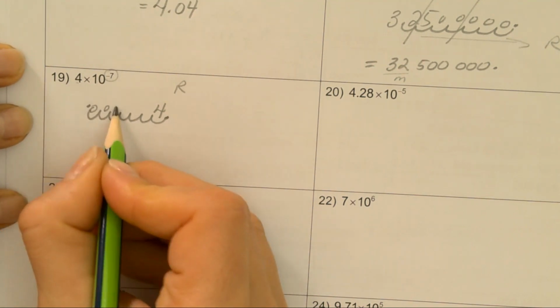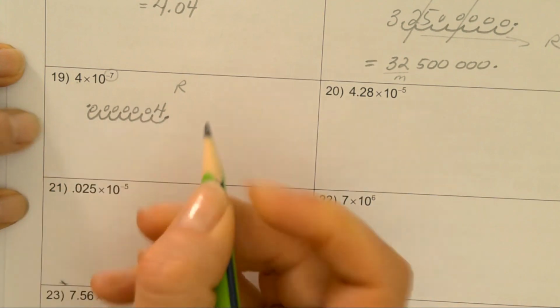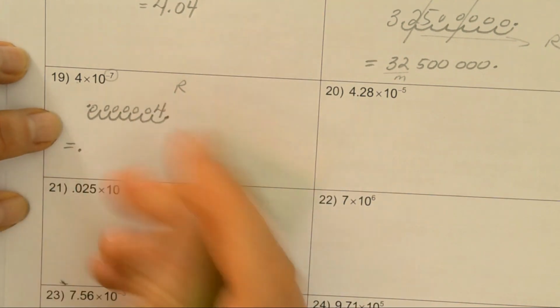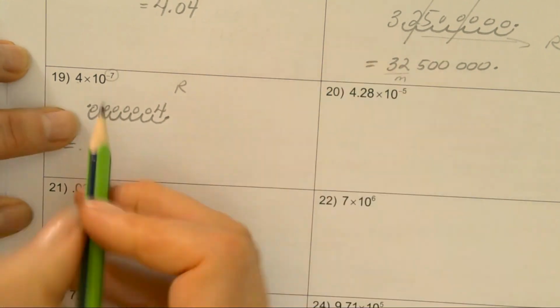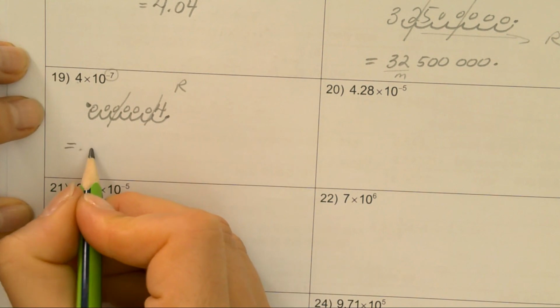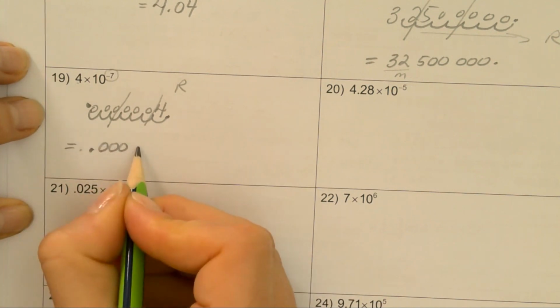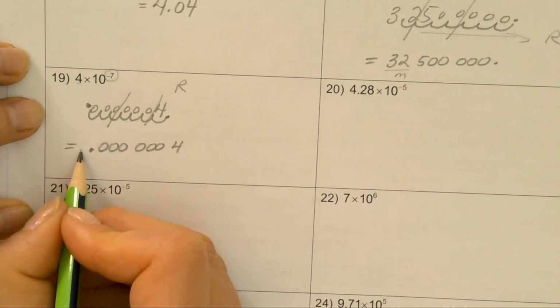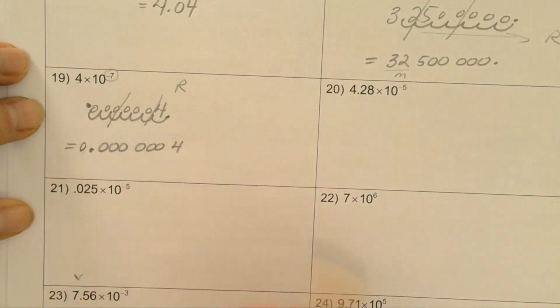All the empty jumps, put a 0. Now to write it nice, I'm going to put it in groups of 3, starting at the decimal. Group of 3, group of 3. So 0.000 space 000 space 4. And you can put a 0 in the front or not. Doesn't matter. Okay, I'll do one more with you.